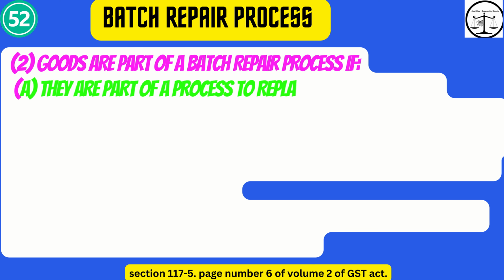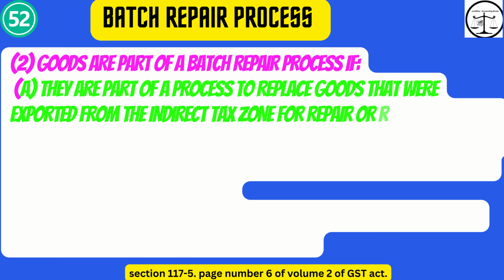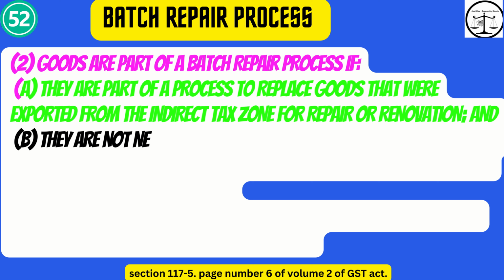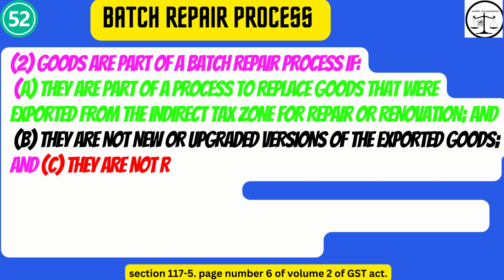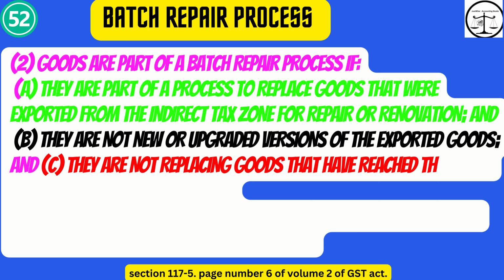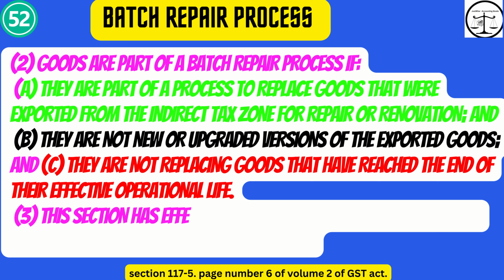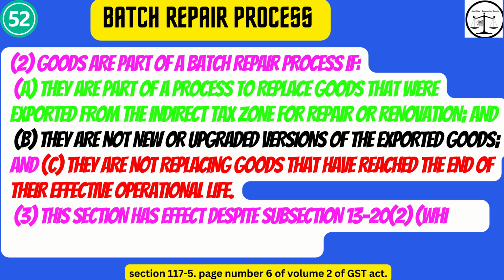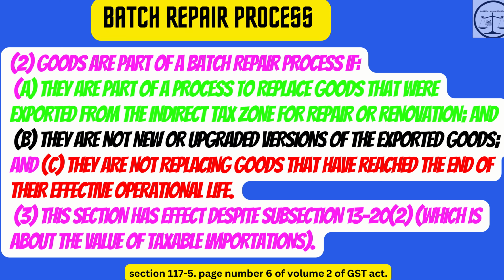They are part of a process to replace goods that were exported from the indirect tax zone for repair or renovation, and b. They are not new or upgraded versions of the exported goods, and c. They are not replacing goods that have reached the end of their effective operational life. 3. This section has effect despite subsection 13-20(2), which is about the value of taxable importations.